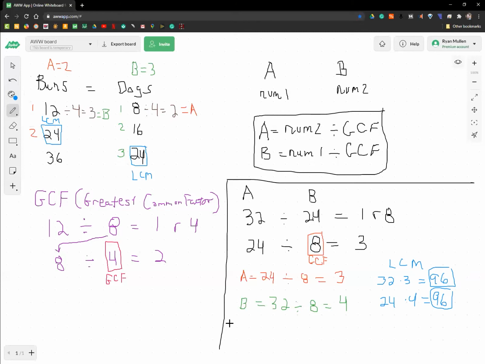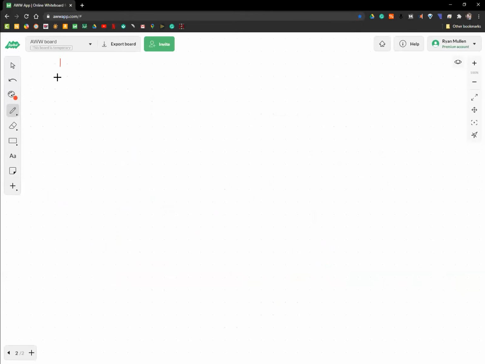Okay, let's try one more complicated one, and then we'll move on. Let's go back here. I have item A, and I have item B. So now let's say I have 1,040 per serving of A, and I have 455 per serving of item B. And I'll rewrite our rule here.